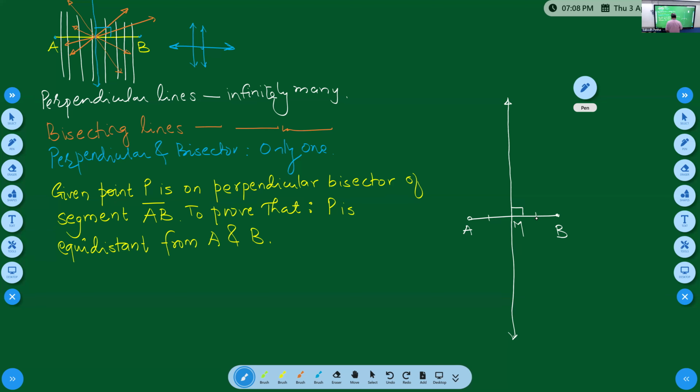So suppose we take a point P on perpendicular bisector, then we are supposed to show that its distance from A and B is equal. That means if we join these, that is to prove that PA equals PB.